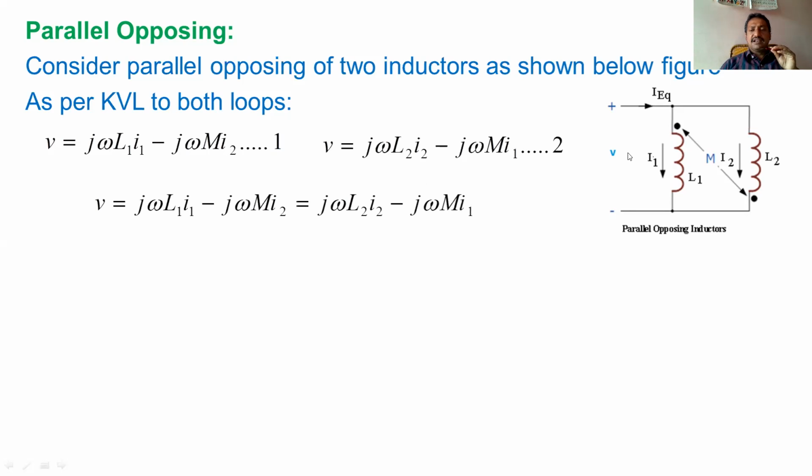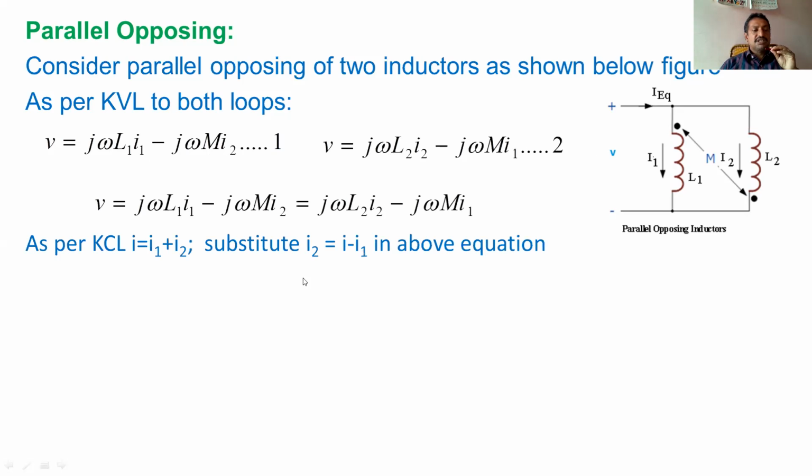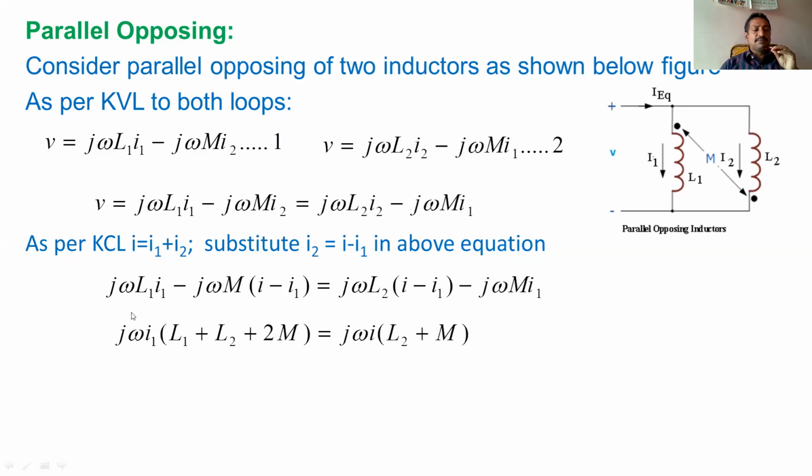But in case of parallel connection, voltage should be the same. j omega L1 I1 minus j omega M into I2 is equal to j omega L2 I2 minus j omega M into I1. As per KCL, I is equal to I1 plus I2, so I2 is equal to I minus I1. Substitute I2 as I minus I1. Taking j omega I1 common: L1, minus into minus plus M, and here also minus into minus M, so 2M.